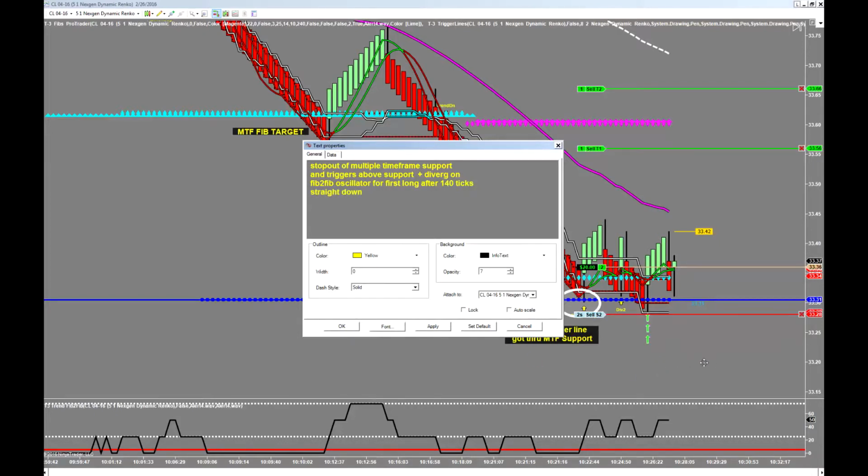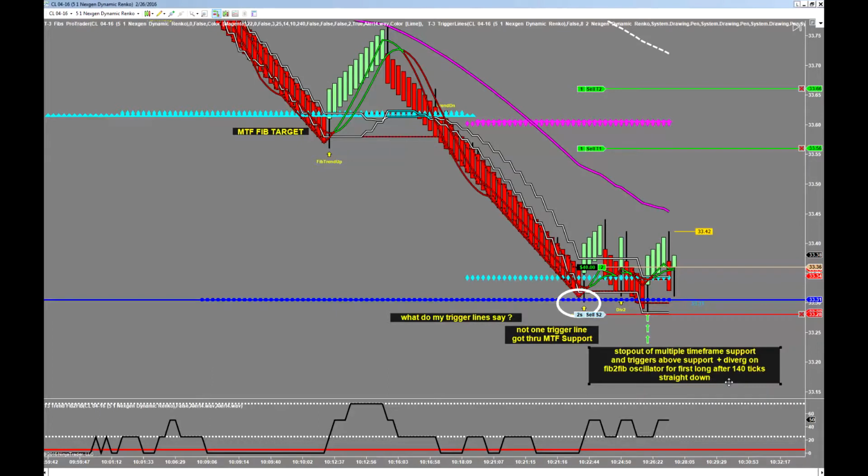All right, so there it is written out. Stop out of multiple time frame support, triggers above the support. So we start to kind of go into it with the anticipation that it might hold. Divergence on the Fib to Fib oscillator.